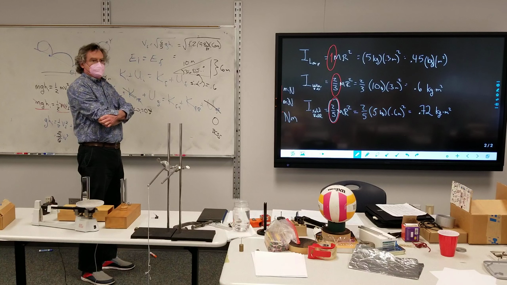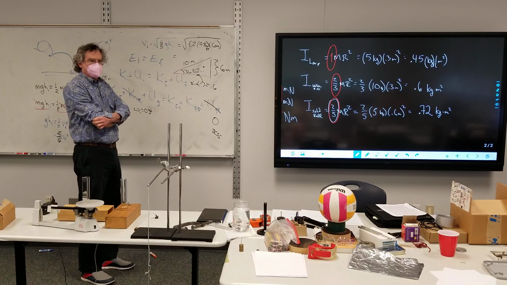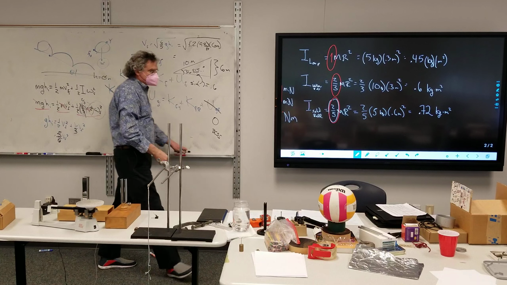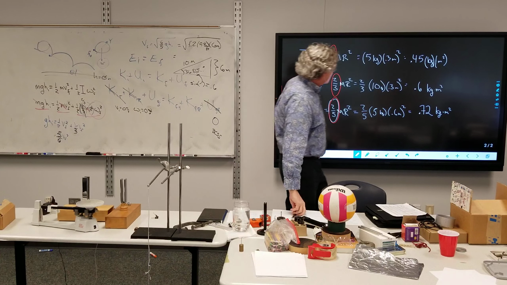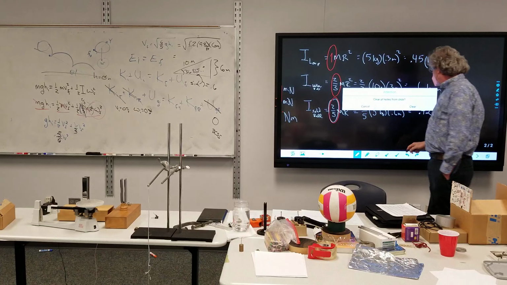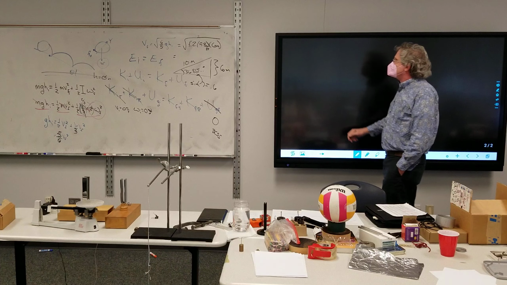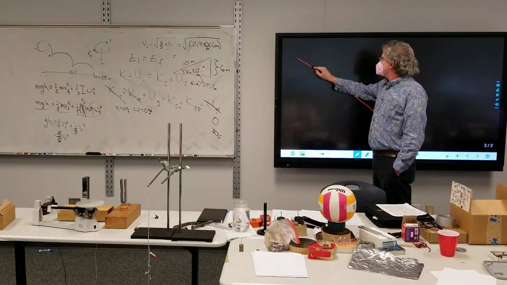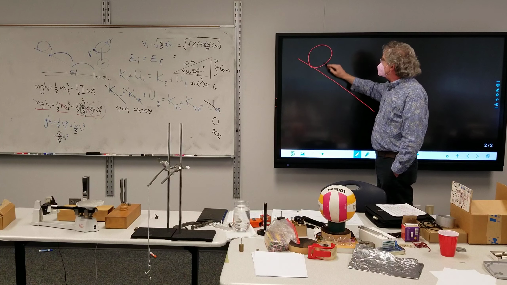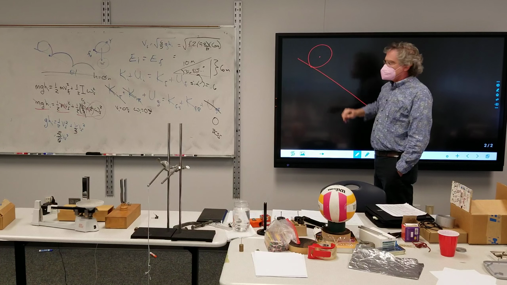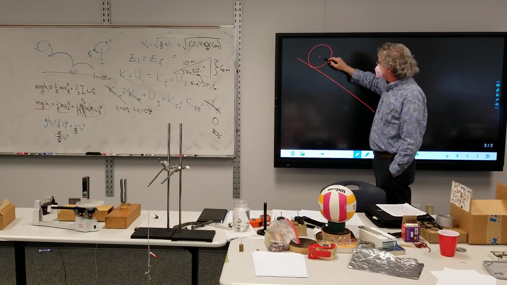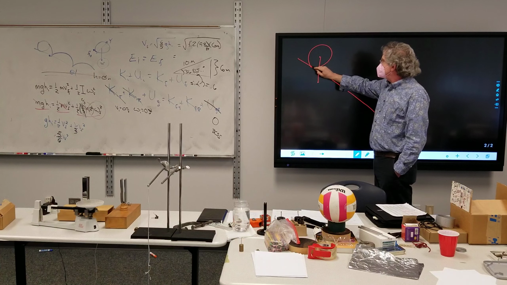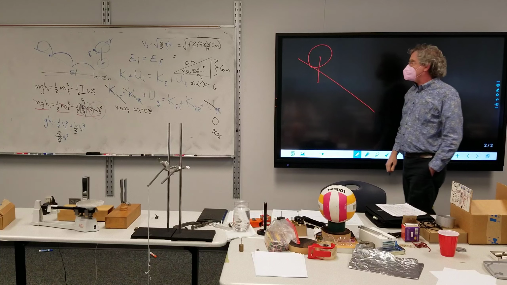Now, let's just suppose you wanted to solve it without using energy, because you are a masochist. You can consider the weight acting at the center here. It's basically pivoting about that point.